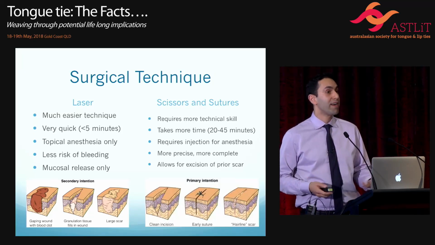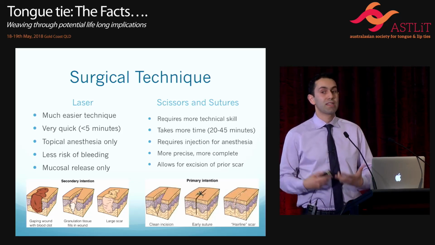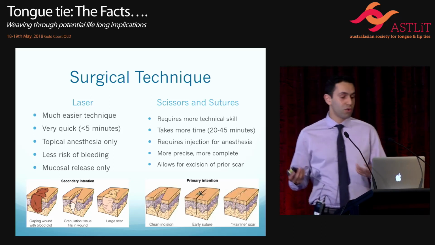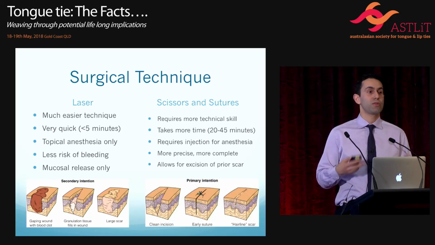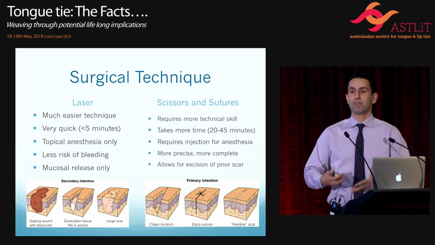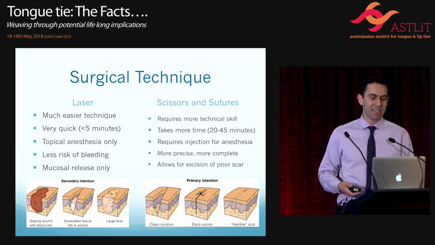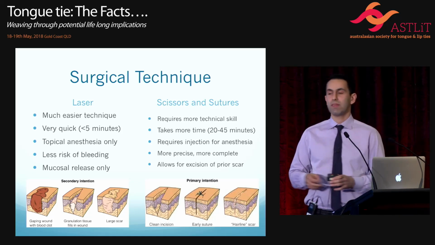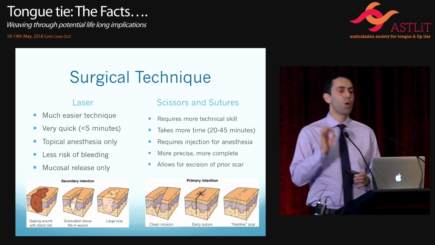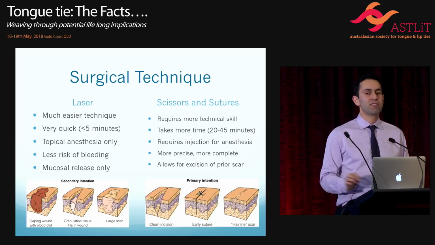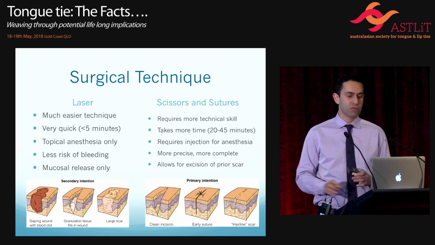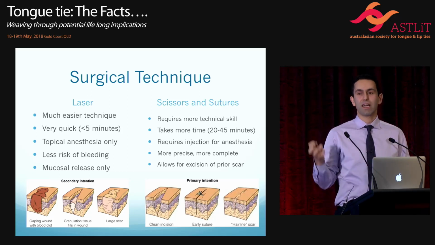We know that there are providers who can do a very nice job using a laser, okay? And we endorse however the person is going to do the procedure. These are just tools that you're using. It's more about the technique. And the technique requires you to be very gentle and cut only the fibers that you need, understanding that indiscriminate use of cautery is going to cause a lot of scarring.